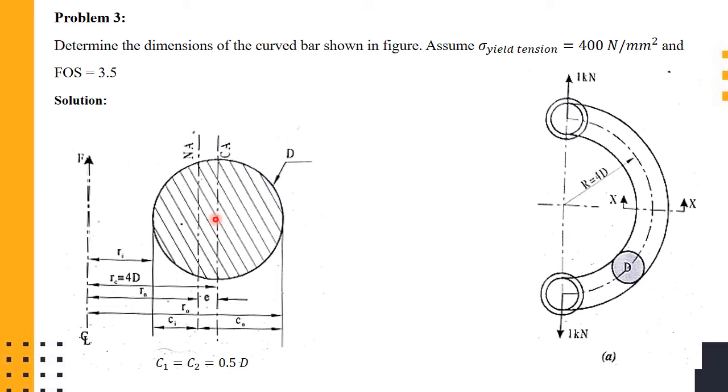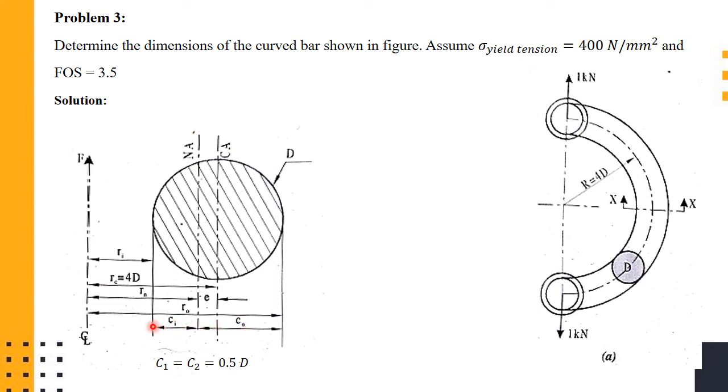That is, the distance from the inner fiber to the centroidal axis is C1, and the distance from the centroidal axis to the outer fiber is C2. So C1 and C2 here will be equal, and it will be nothing but capital D by 2. So the entire thing is nothing but diameter D. So D by 2, or else you can take it as 0.5 D. That is C1 and C2.